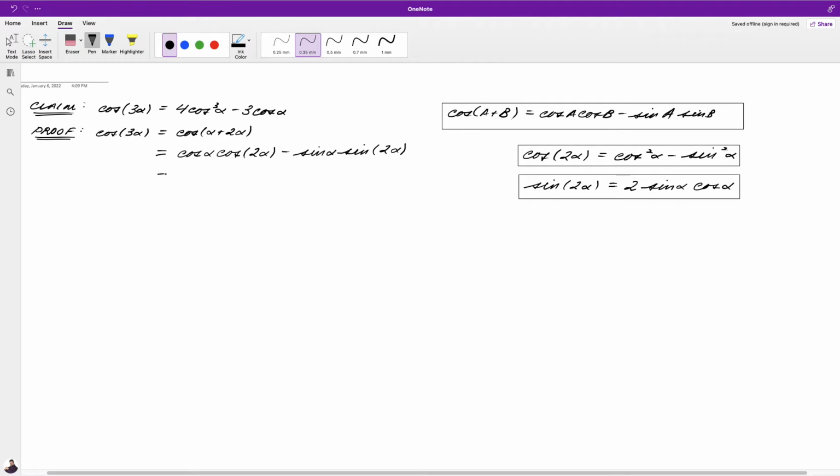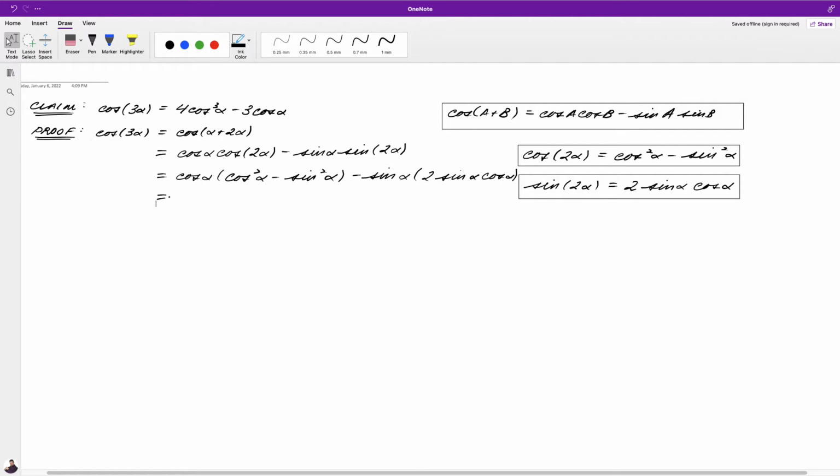So let's go ahead and expand using these two formulas. So we're going to have the cosine of alpha, and then here cosine squared alpha minus sine squared alpha, and then minus sine alpha, and then of course here 2 sine alpha cosine alpha.